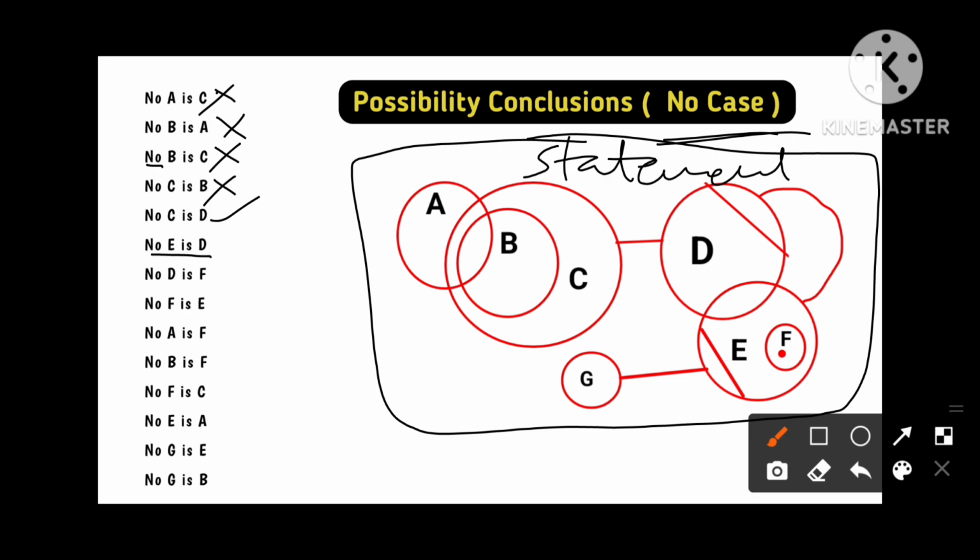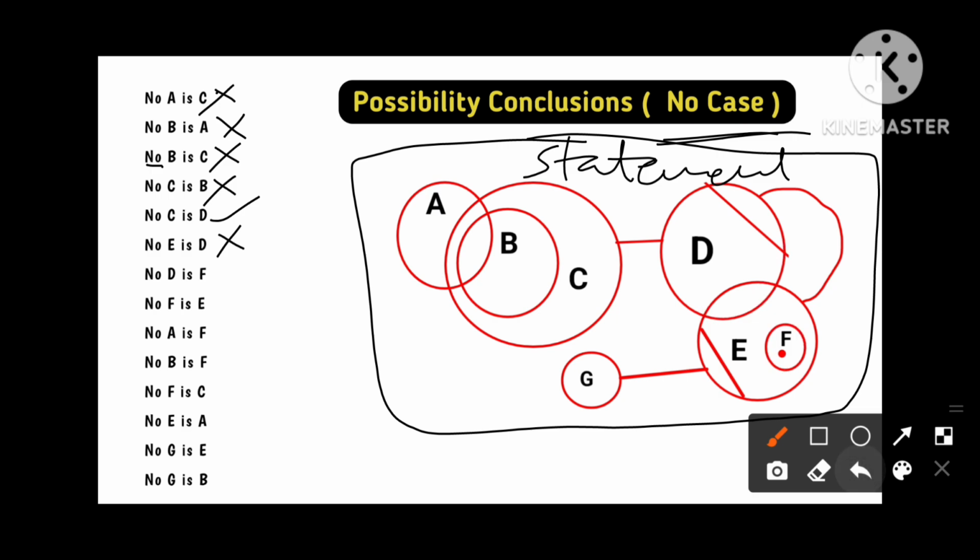No E is D. Here we see some part of D is sharing with E. So some case is possible. Some case possible means no case fails. No D is F. Can some part of D be shared with F? It is not possible because F doesn't share with anything except E. So D doesn't share with F. So some case fails. Some case fails means no case will be true.